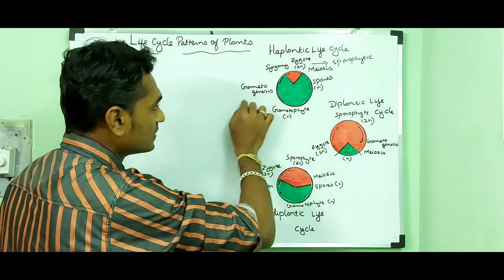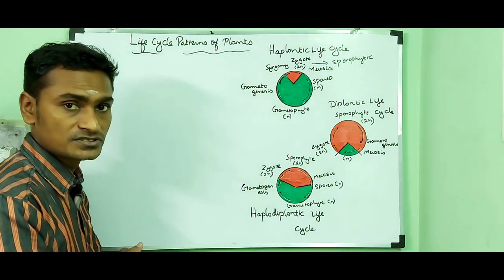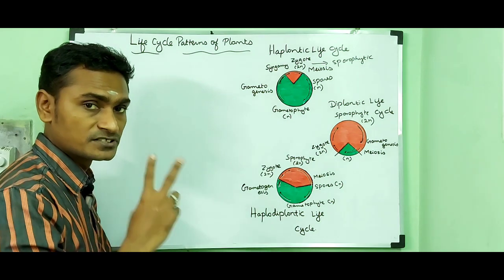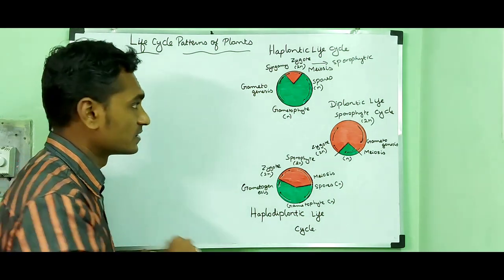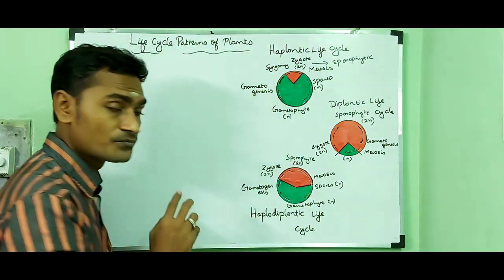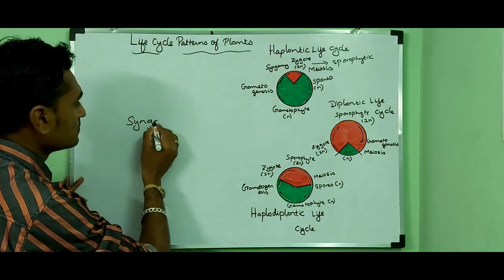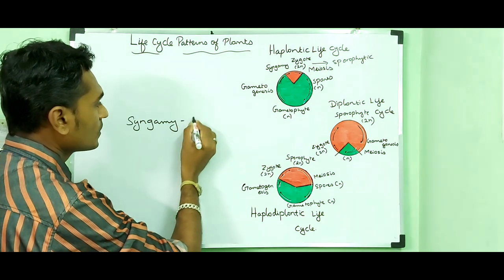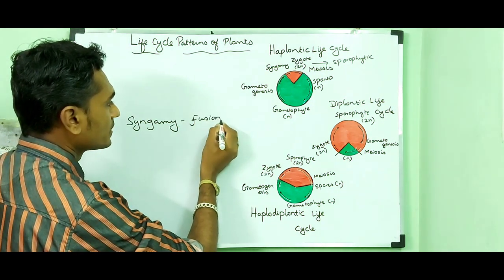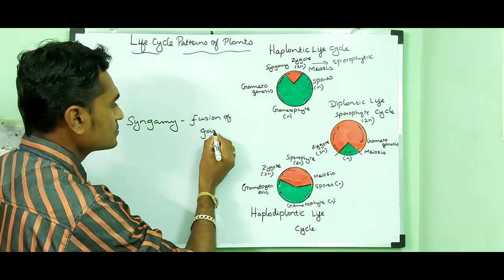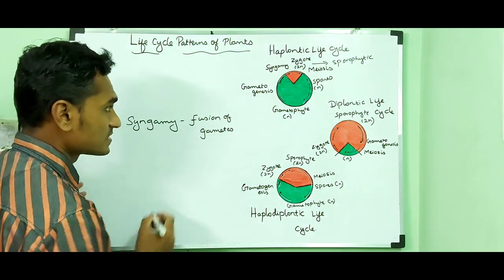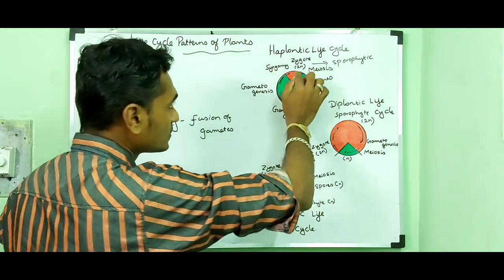Gametogenesis means the production of gametes, two types of gametes, male and female. Syngamy means fusion of gametes. Fusion of gametes results in the formation of zygote.